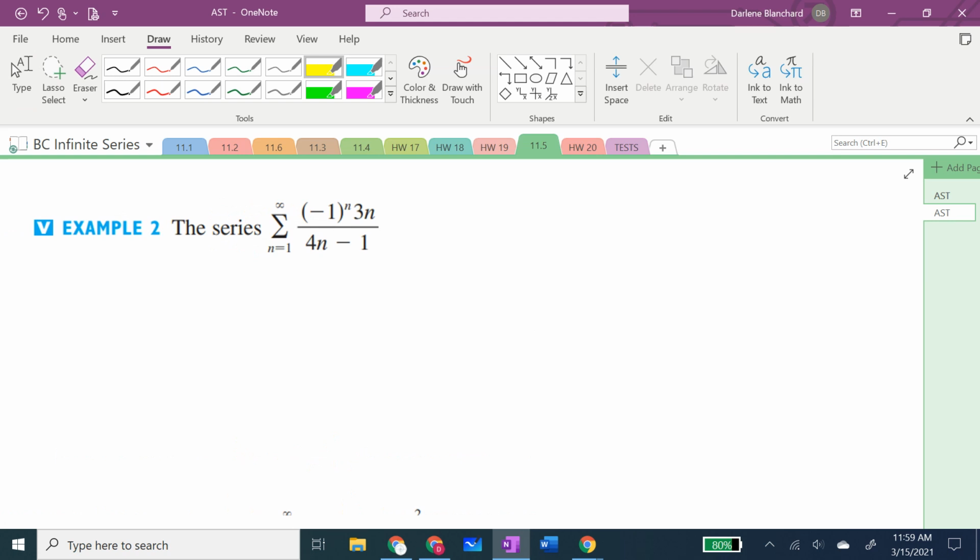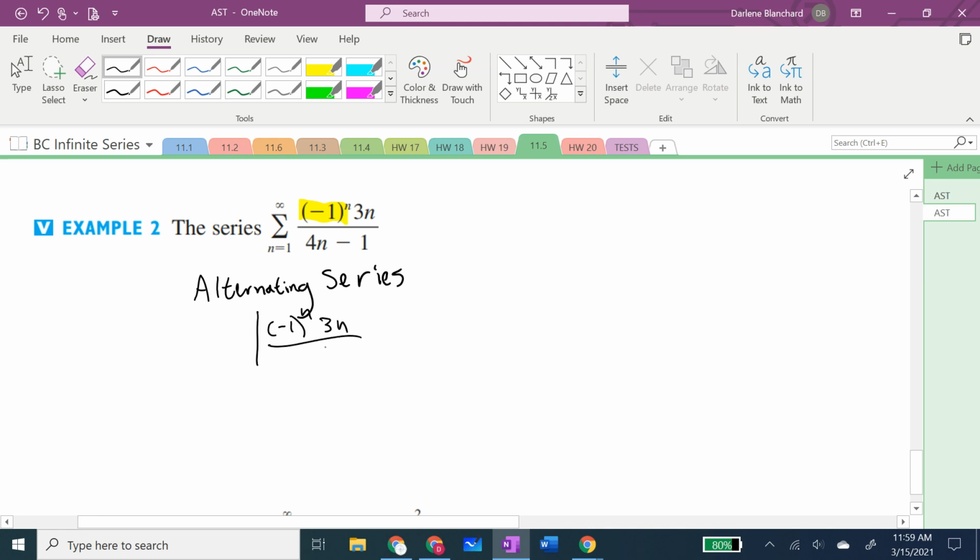So you're going to look at this and go, oh, hey, look, it's a cute little alternating series. Yay! And so you say, hey, it's an alternating series. And then you head right into the test and you're like, ooh, the absolute value of that formula is this.